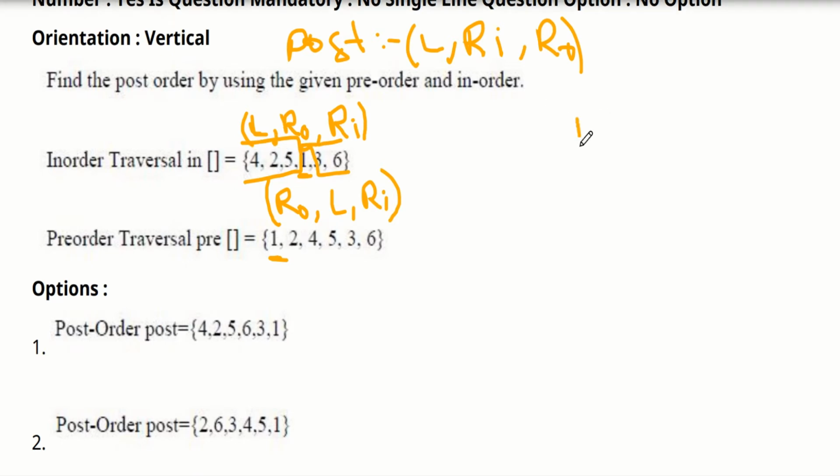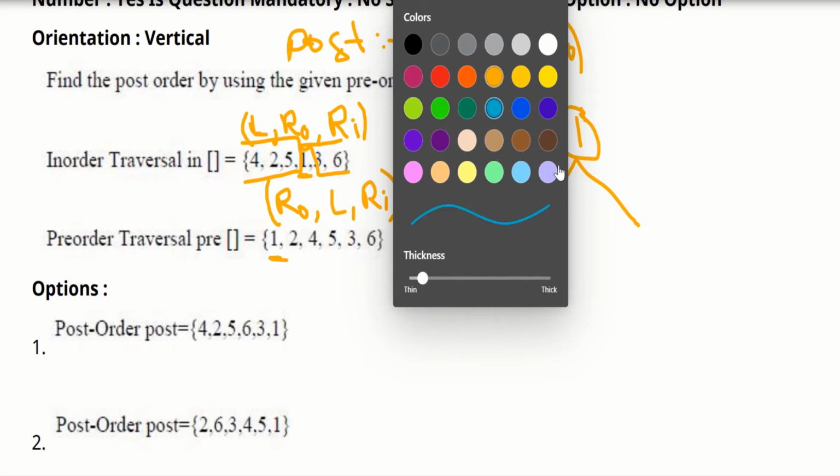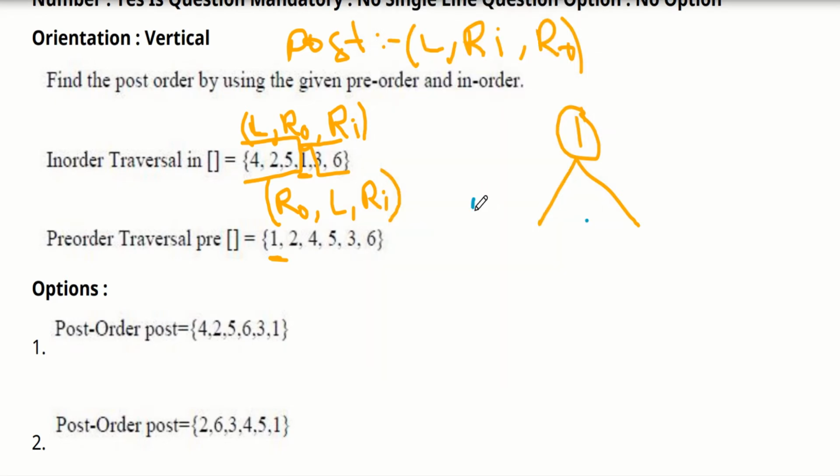So we will draw first: 1 is the root node, and next we have 4, 2, 5 as left nodes, and on the right side 3, 6.